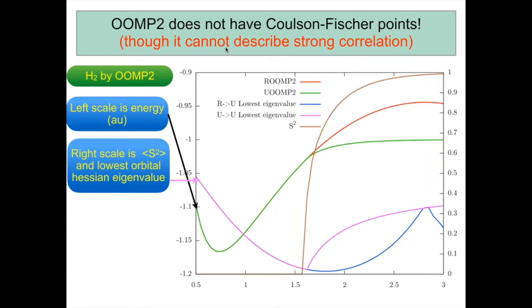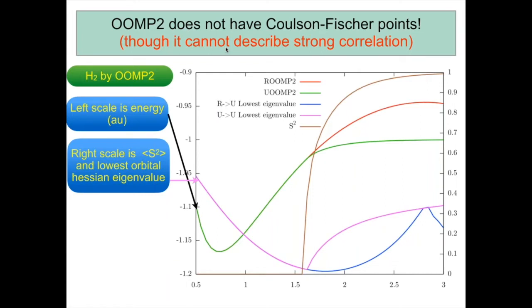The main difference relative to a couple of slides ago is that the right-hand scale, showing the lowest eigenvalue of the orbital Hessian, which diagnoses a saddle point or a minimum in wave function space, that scale now begins at 0 down the bottom. And if you follow the unrestricted lowest eigenvalue in pink and look at the point where the unrestricted and the restricted solutions separate, you see that the lowest eigenvalue of the restricted solution is still positive.